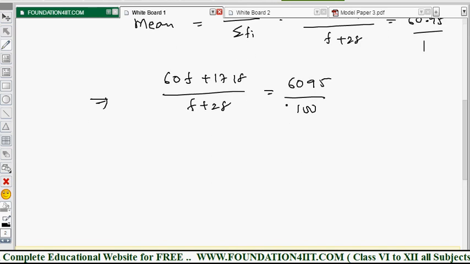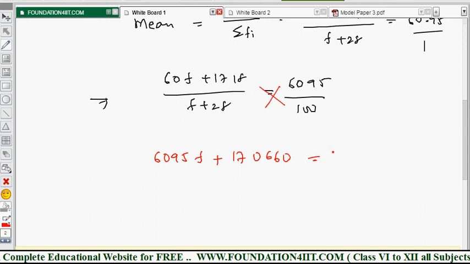Now do cross multiplication. Then 6095 into f, plus 6095 into 28, that is 170660.